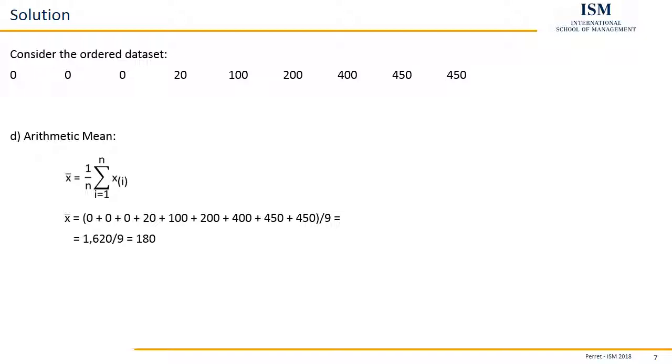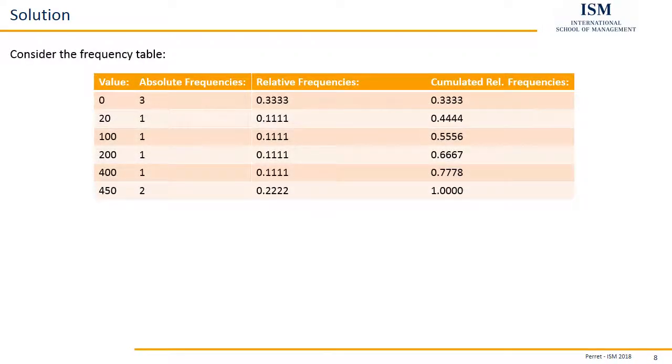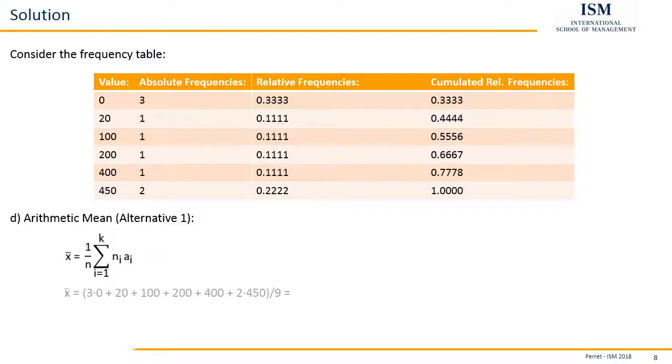However, we could also do this slightly differently. In this case, we do not start with the ordered data set, but with the frequency table. And we do not add up all the numbers, but before summation, we multiply the values with their absolute frequency. So we go through the different rows of the frequency table. And well, here we only save writing down the 0 3 times and 450 2 times.